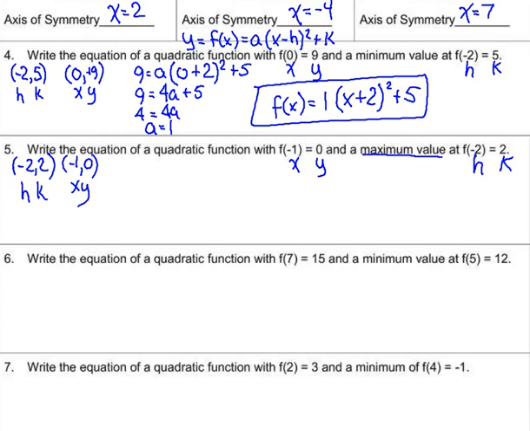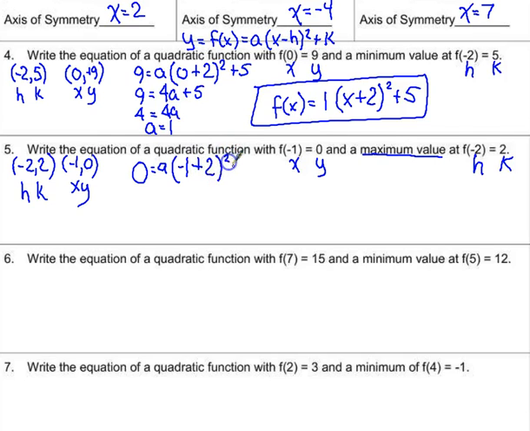All right. So we plug in y is equal to 0, and that's equal to a times x, which is -1, minus h, which is minus the -2, made it a positive.